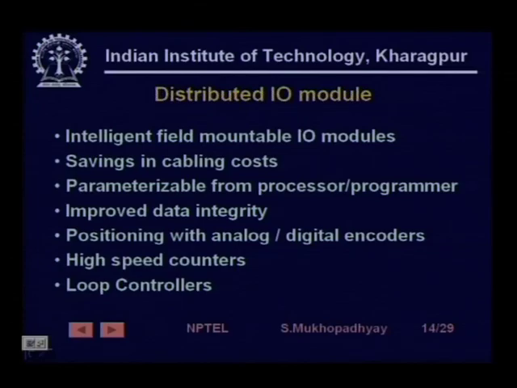Some specific loop controllers, temperature control loop, etc., where you just need to download the set point from the central processor, and the basic loop works on the distributed IO module. So, the main processor is not bothered with that. That is distributed I/O, generally getting more and more popular these days.